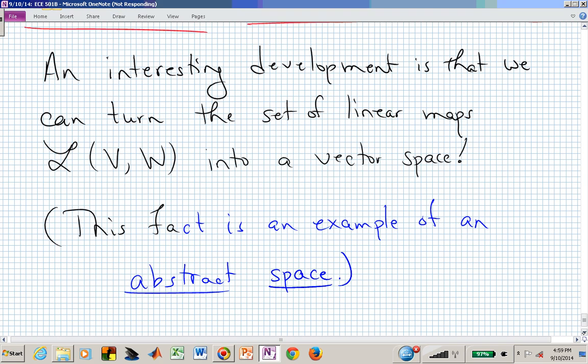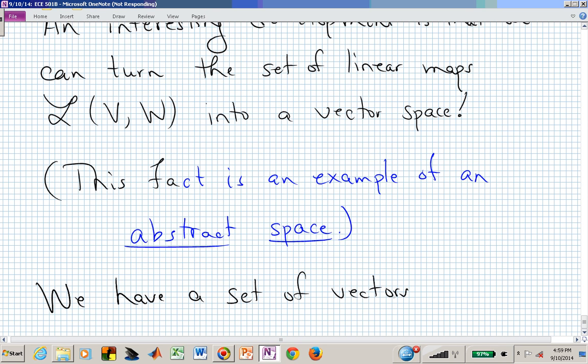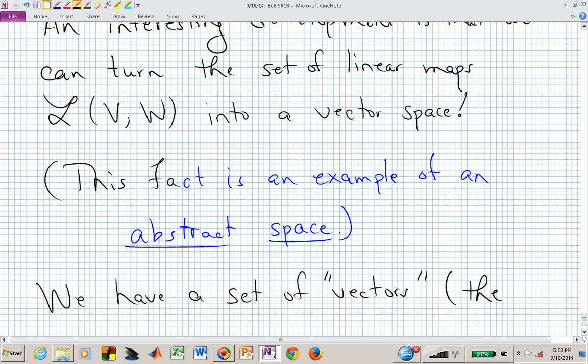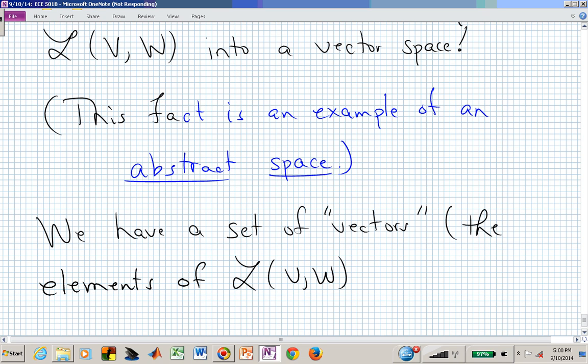So what do we start with? We have a set of vectors, and those vectors are actually the elements of the set of linear maps L from V to W. Those are our elements.